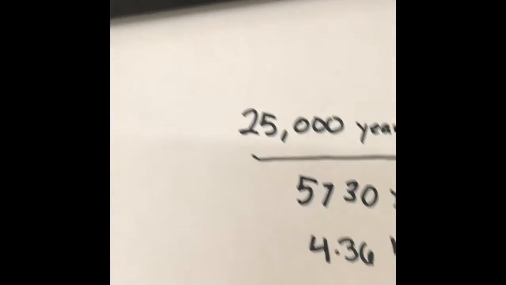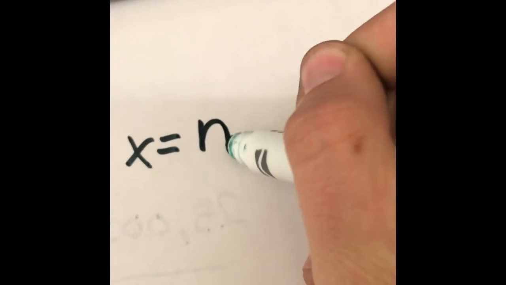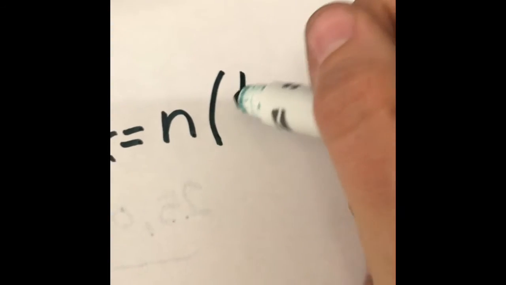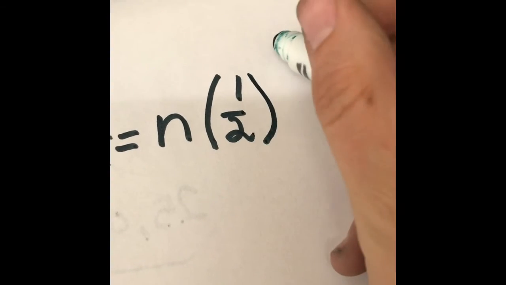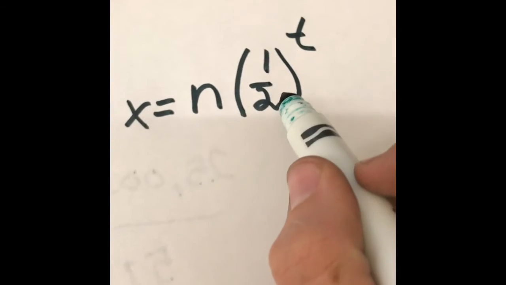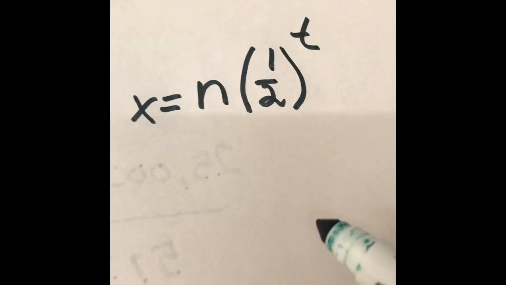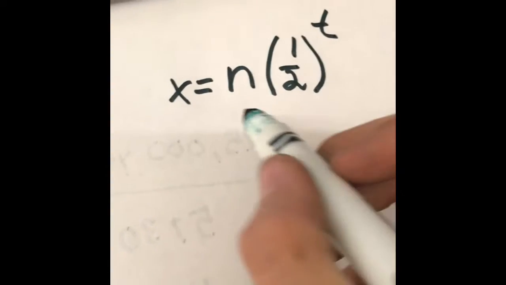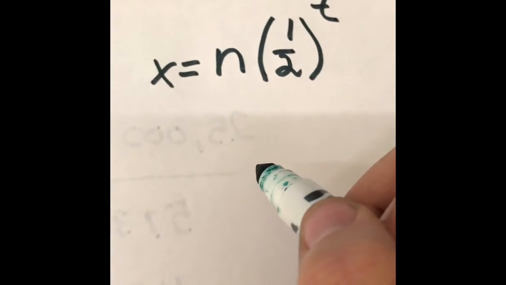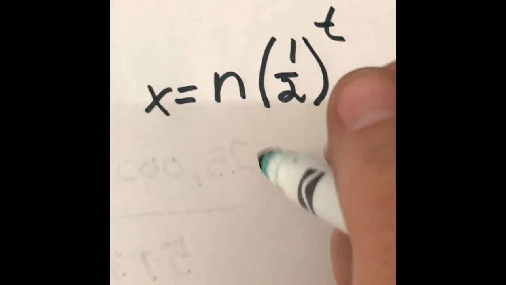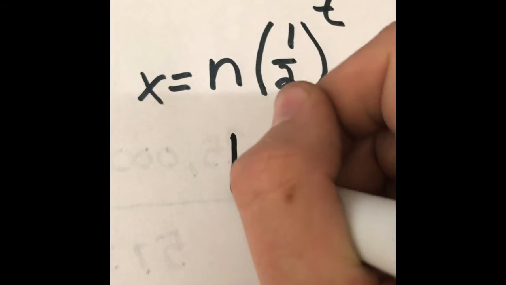Now let's solve for the second part of the problem. To solve for the second part, we need to refer back to our equation. X equals n times 1/2 to the power of t, where n is our initial amount and t is the number of half-lives. What is our initial amount that we're starting with here? If we start with 100% in decimal form, 100% is just the number 1.